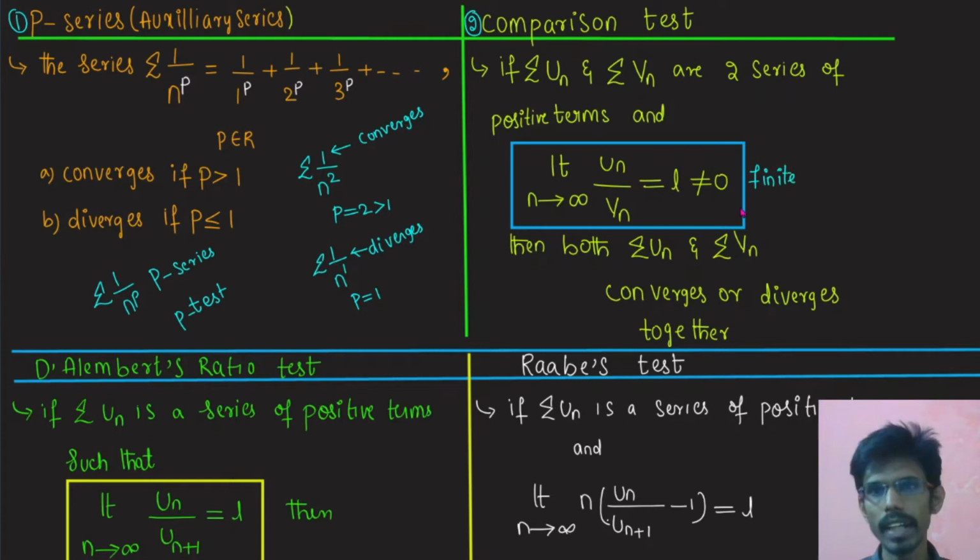If I get a finite, non-zero value, which we denote as L, then both sigma un and sigma vn converge or diverge together.